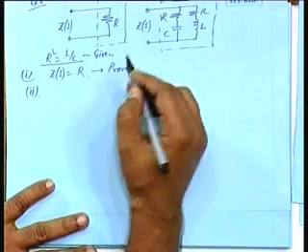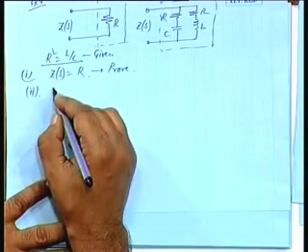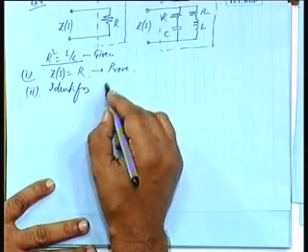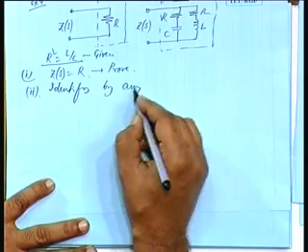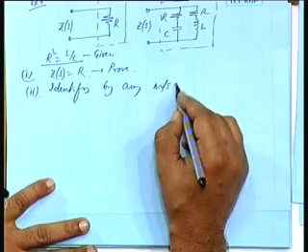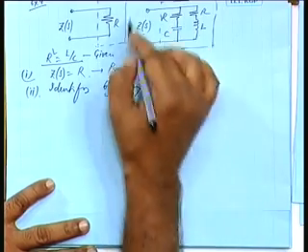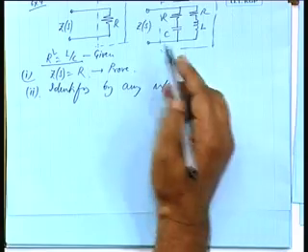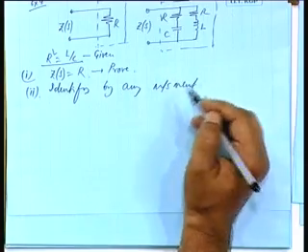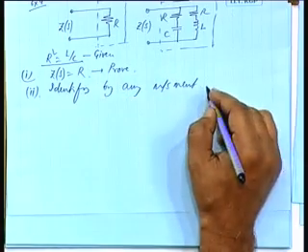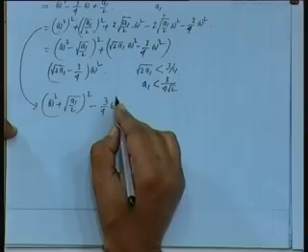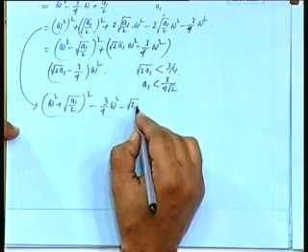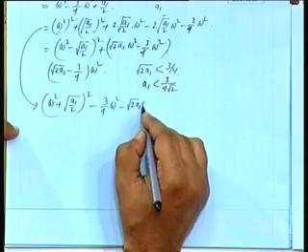Identify by any measurement, that means any external measurement, you carry out any experiment that you want, make any measurement and identify the networks.